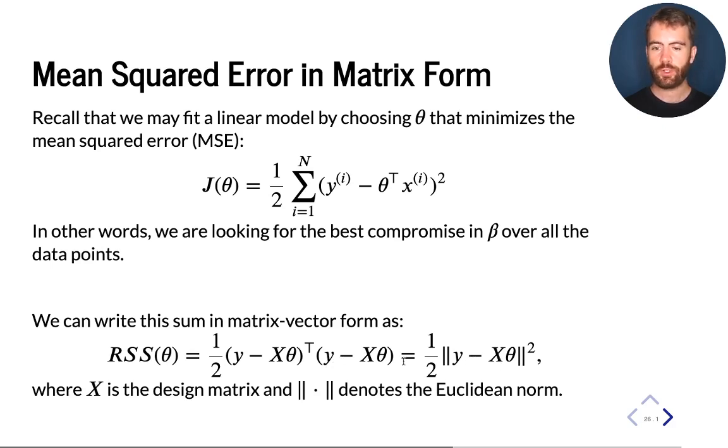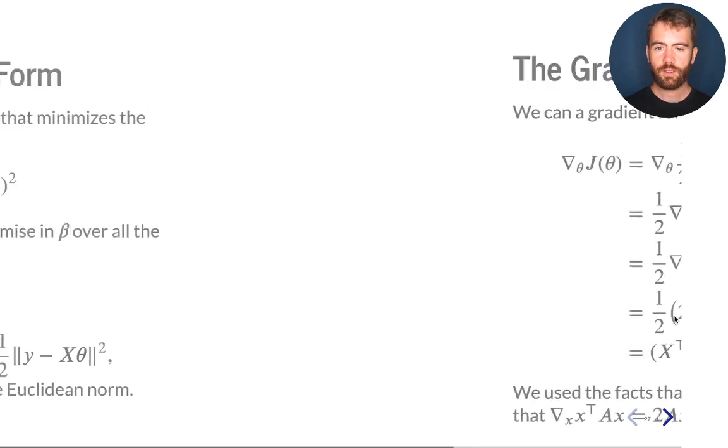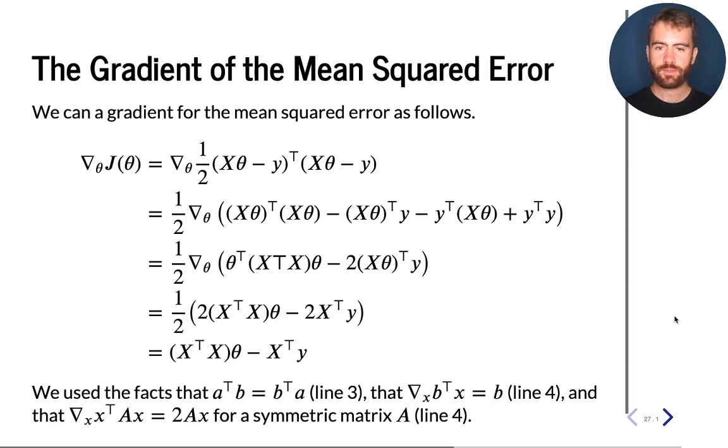These are two equivalent ways of writing the same thing, which you may see in different machine learning textbooks. So in this slide, we rewrote the mean squared error in this vectorized form. Now that we have written it in this vectorized form, we can use a little bit of algebra to derive a gradient for this objective.